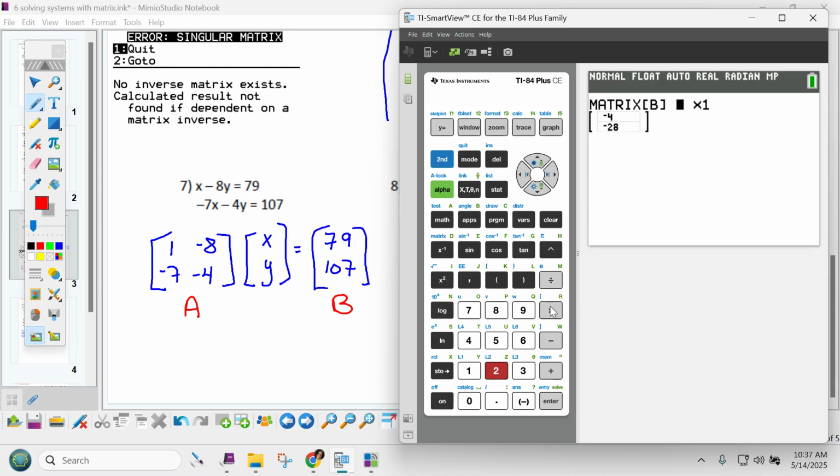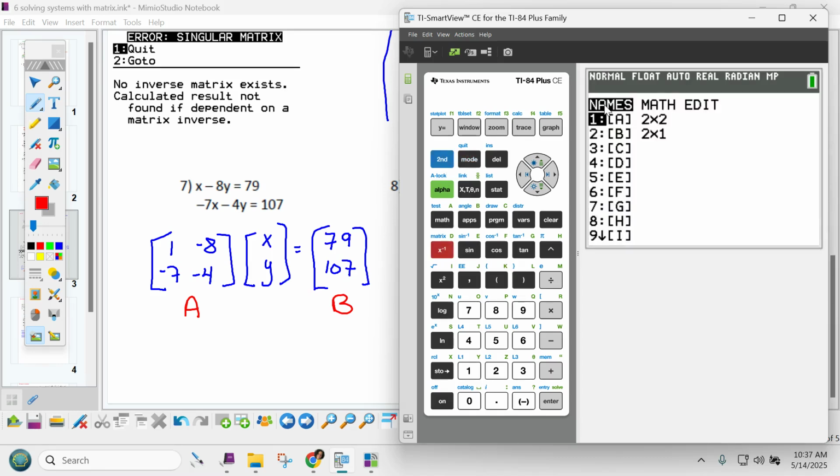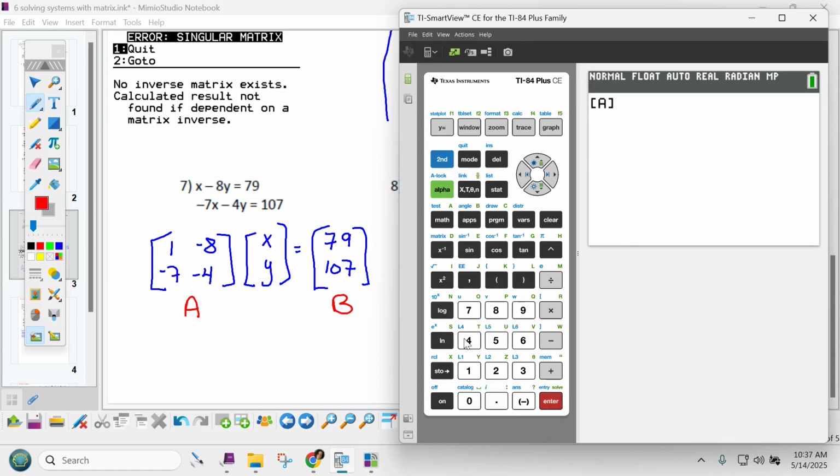So number 2, 79, enter, 107, enter. From here, we have to go back to the main calculation screen. So I do second mode, and it gets me back to where I do arithmetic. Go back into matrix, stay on names this time, matrix A, but I need the inverse.